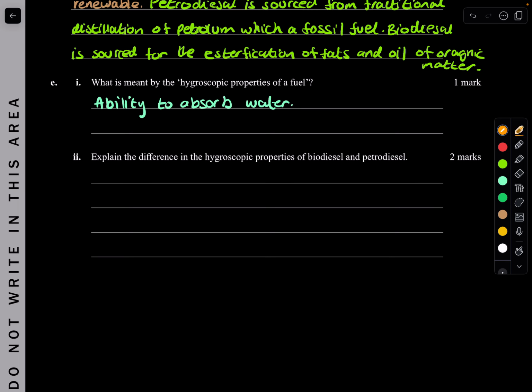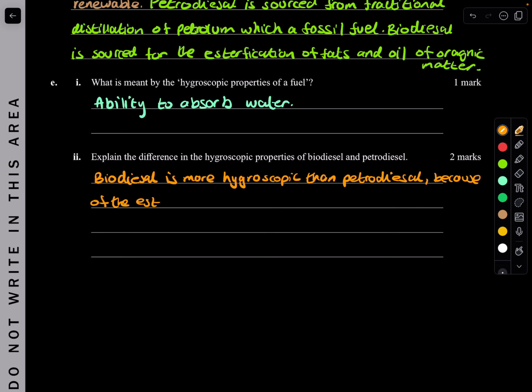So let's use this here. Biodiesel is more hygroscopic than petrodiesel because of the ester group that makes it slightly polar, which attracts water.